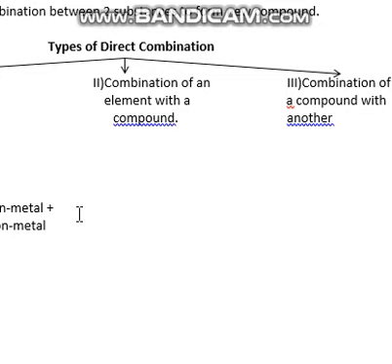Now, let me explain the type of chemical reaction. We have only one type now in this lesson, direct combination. It's the combination between two substances to form a new compound. So there are three kinds: combination of element with element, combination of element with compound, and combination of compound with another compound.